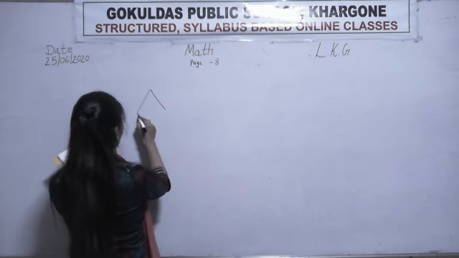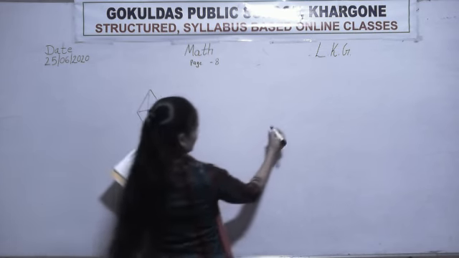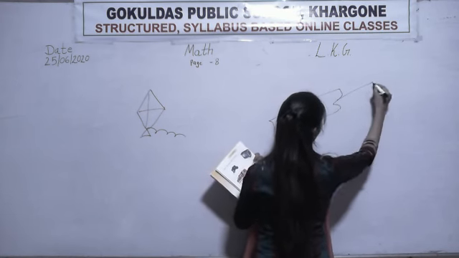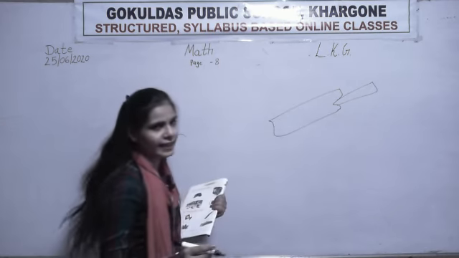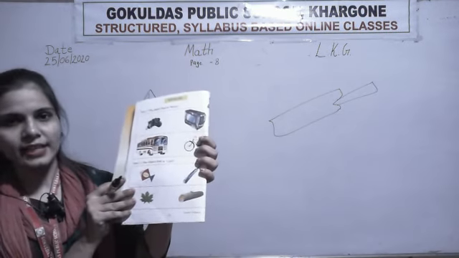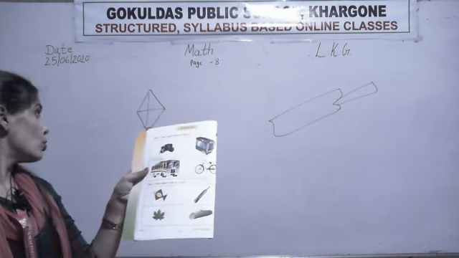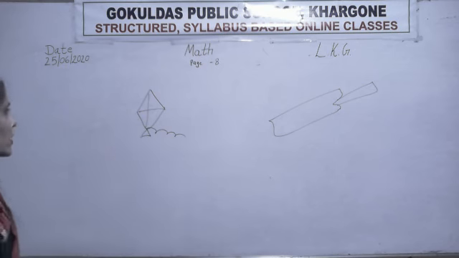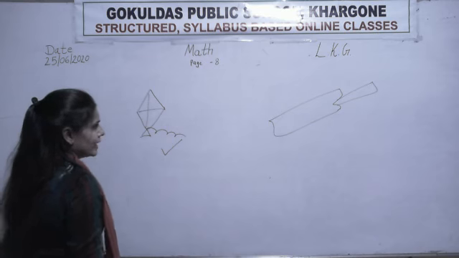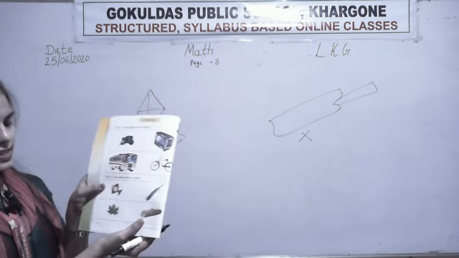Here one kite and one cricket bat. Okay, so look here, which one is heavy and which one is light? Kite is light in weight, so tick the light one and cross the heavy one. This is the first example.